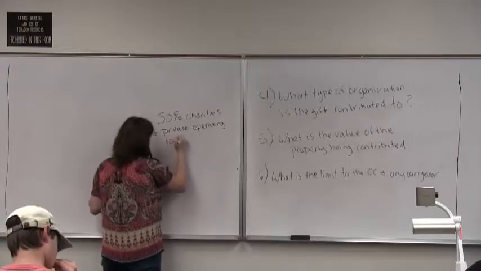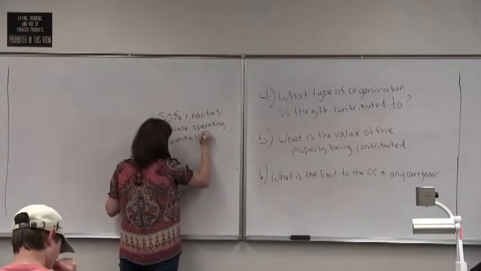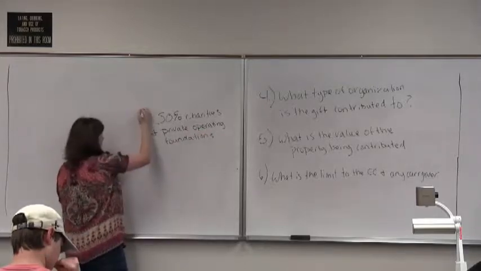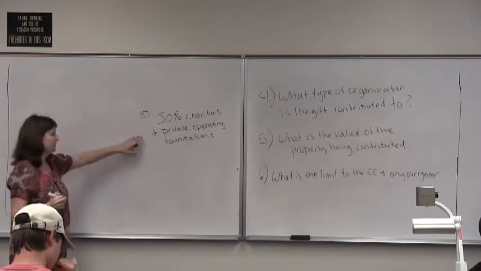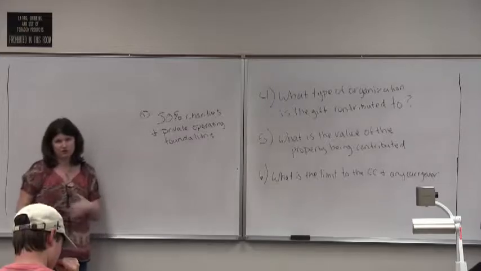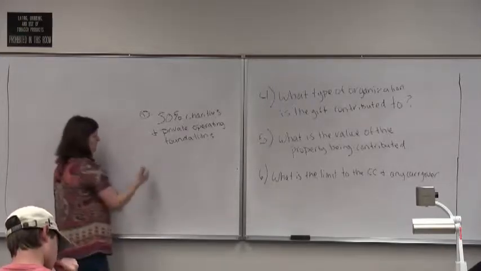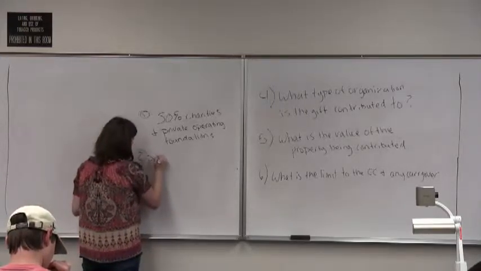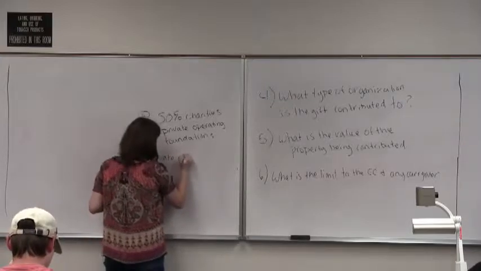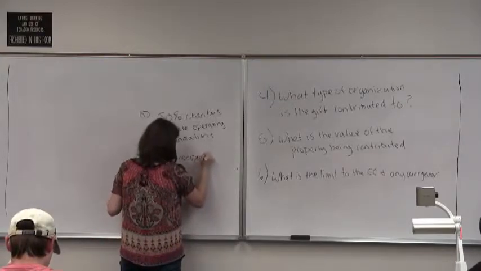So private operating foundations are considered to be 50% charities, but I write it on there separately so that you don't get confused by the next category. The next category is private non-operating foundations.